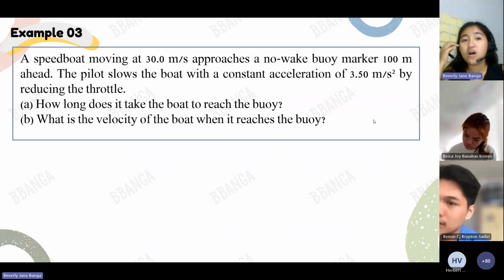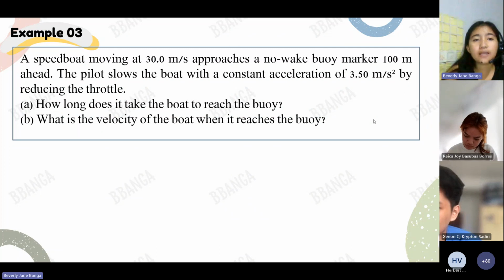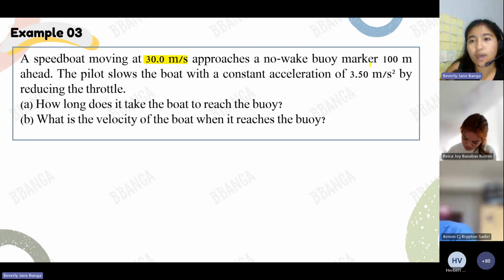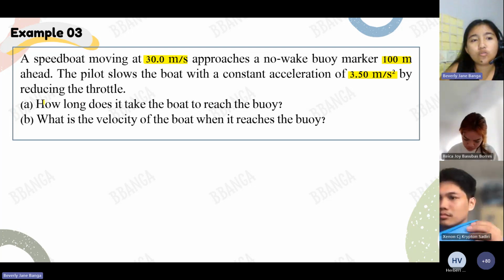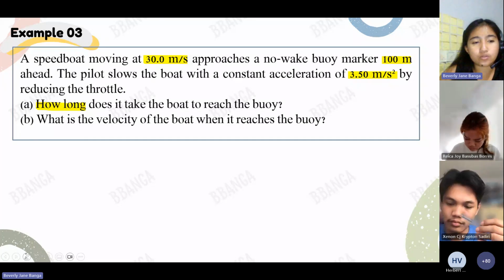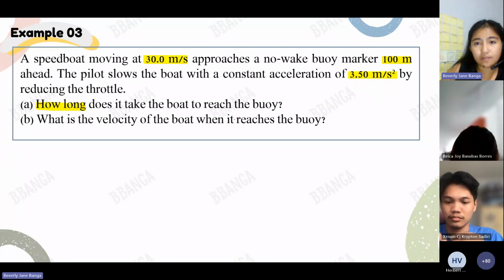Okay, so yung mga given natin dito, we have the 30 meter per second, we have the 100 meter, and we have the acceleration that is 3.5 meter per second squared. And then yung hinahanap natin sa una ay how long, which means that we want to find time, di ba? Gusto nating makuha si time dito.